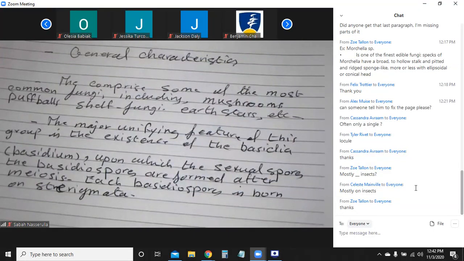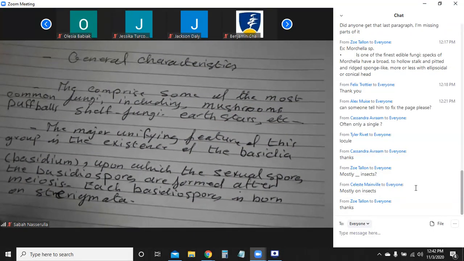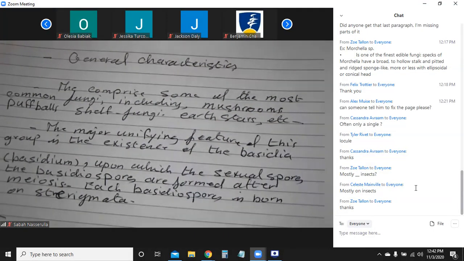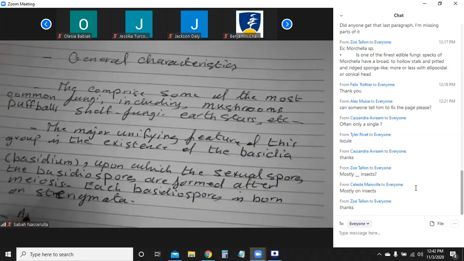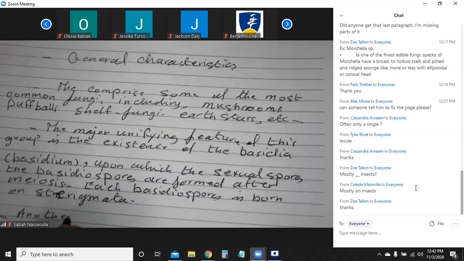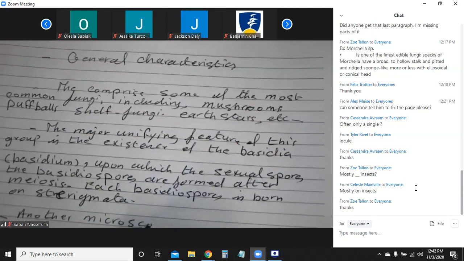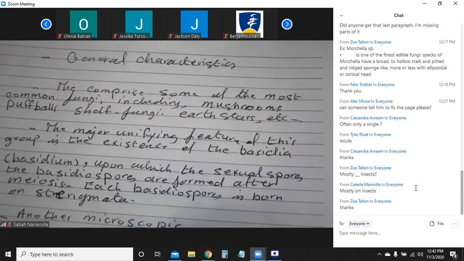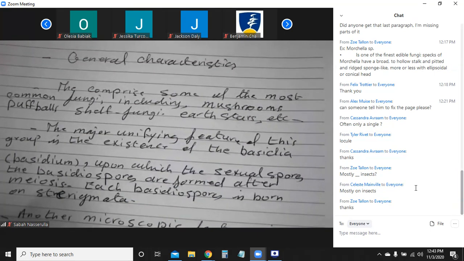Now, very simple, I'm going to mention another microscopic feature of this group, which, as I mentioned to you, is known as the clamp connection.